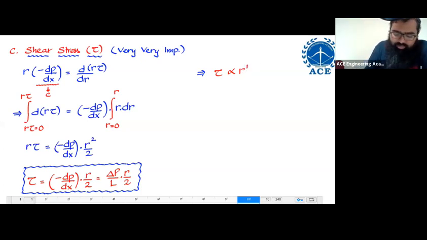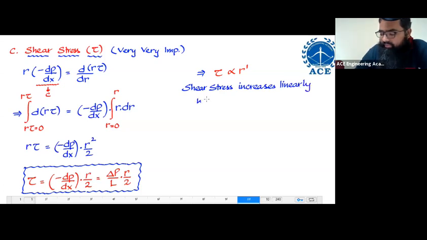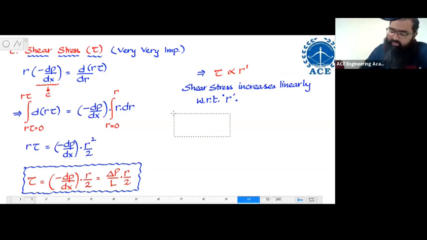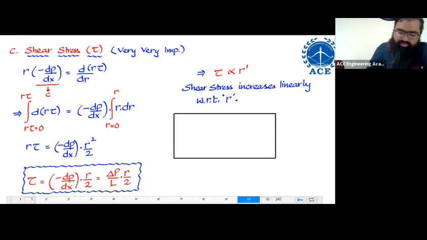That means shear stress increases linearly with respect to R. This is where we are supposed to draw a particular diagram known as the shear stress profile, a very famous and very important diagram. Let us see what this shear stress profile is.